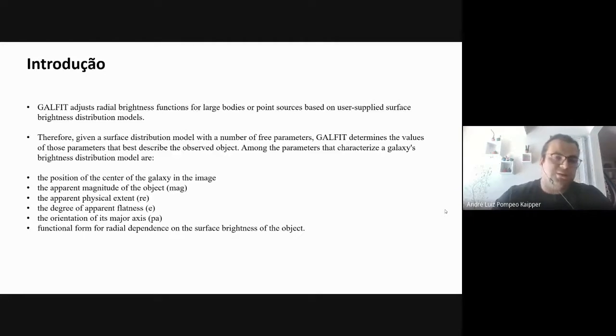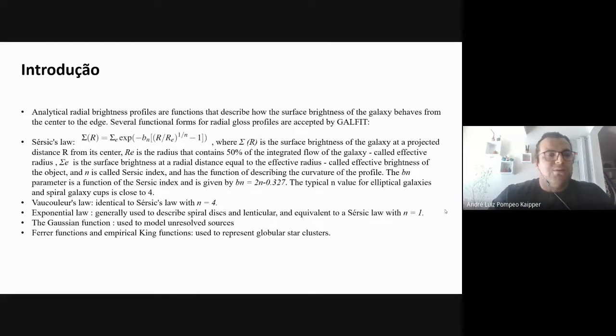In this case, the functions are analytical radial brightness profiles, which describe how the surface brightness of the galaxy behaves from the center to the edge.